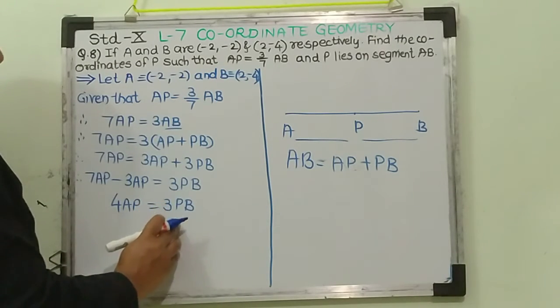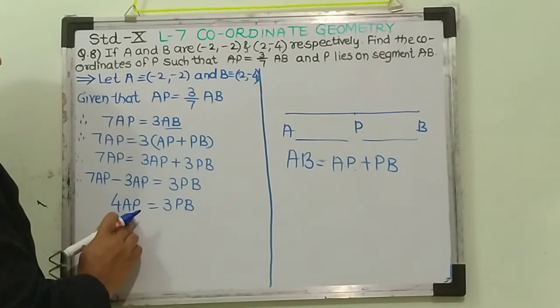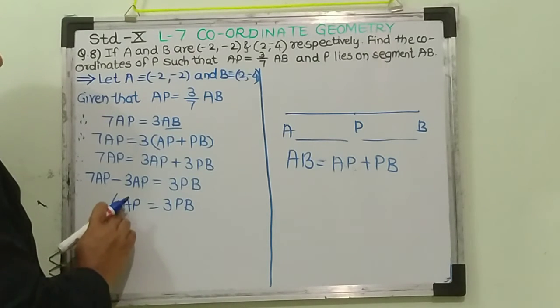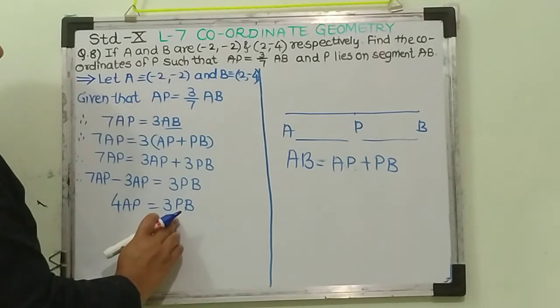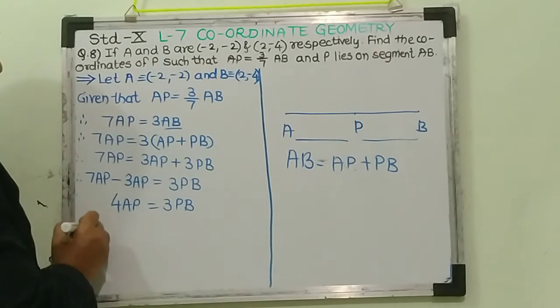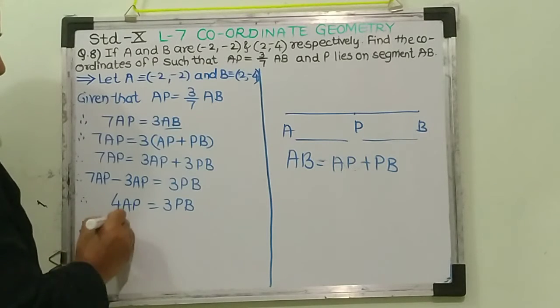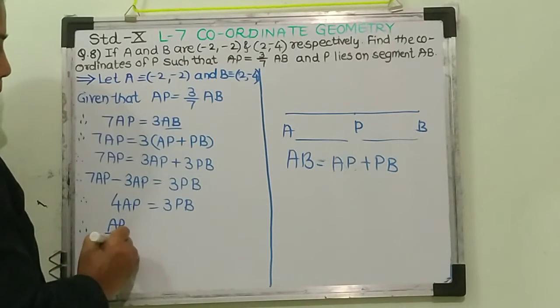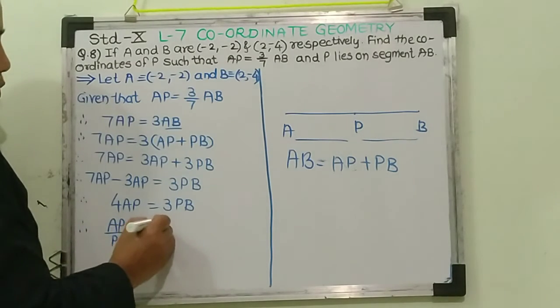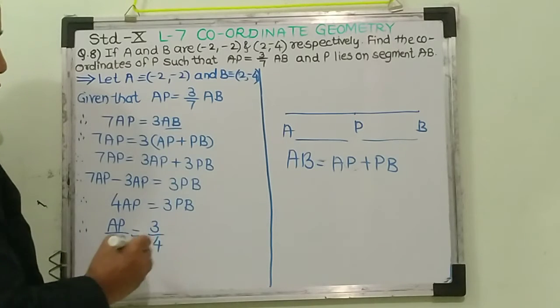Now PB comes to this side, it becomes divide, and 4, which is multiplied with AP, goes to this side and becomes divide. So we can write therefore AP upon PB equals 3 upon 4.